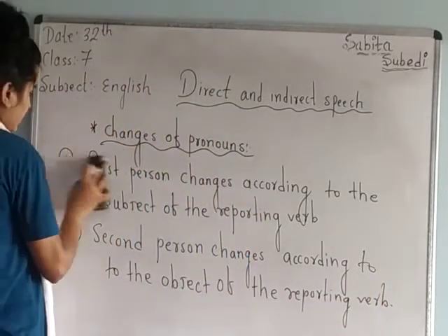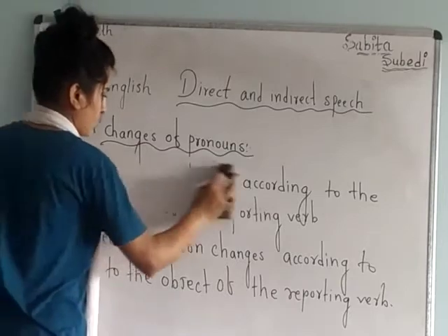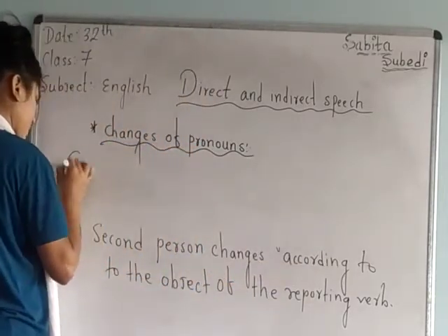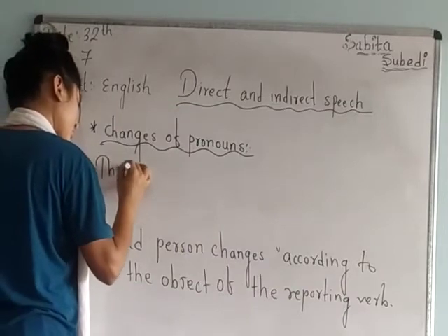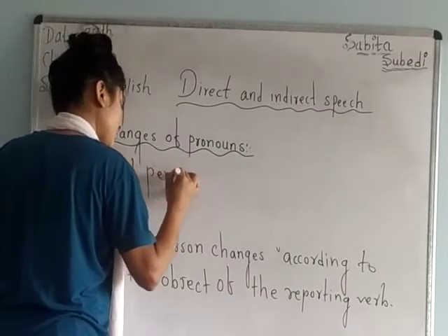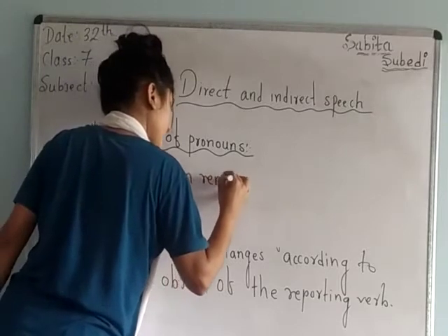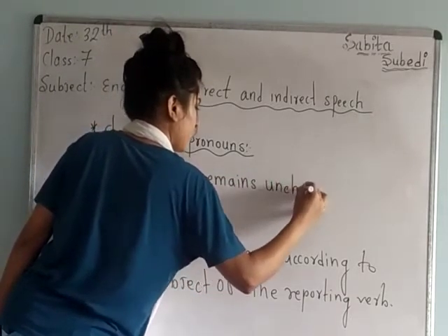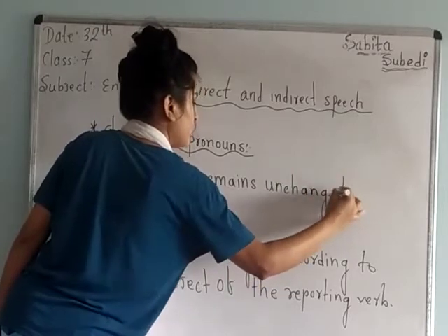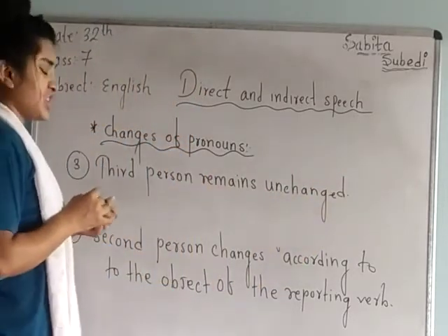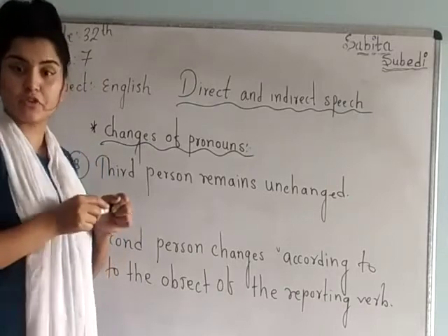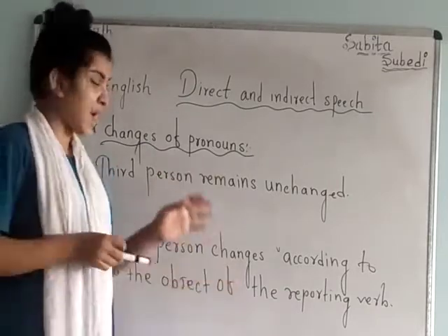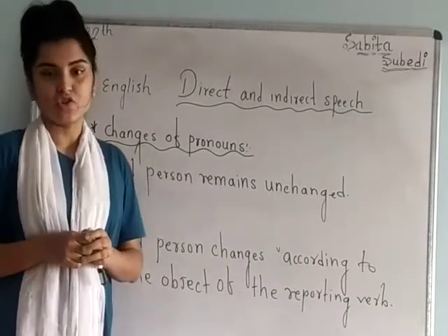And number three, third person remains unchanged. So the first person changes according to the subject of the reporting verb, the second person changes according to the object of the reporting verb, and the third person remains unchanged.